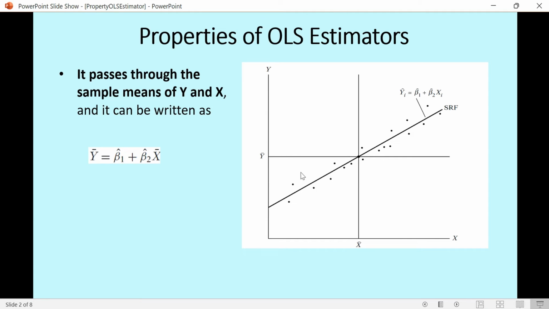And for x, also at this point, the deviation of x is this point's x value minus the x mean value, right here. So this is the deviation. And for the other points, similarly, this is the deviation for y, and this is the deviation for x, right?